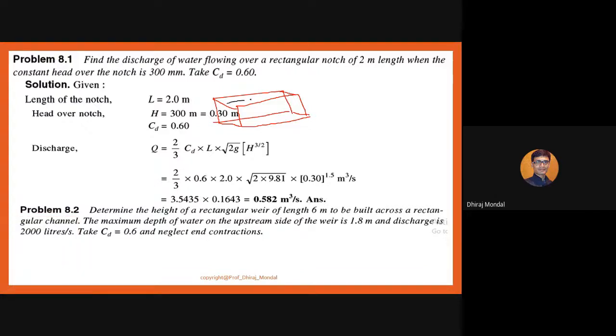If the water is flowing over like this, then there is a cistern. So this is your cistern.